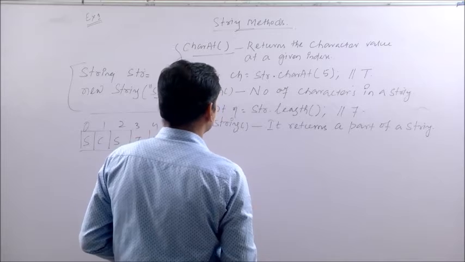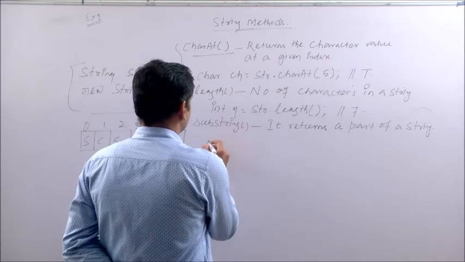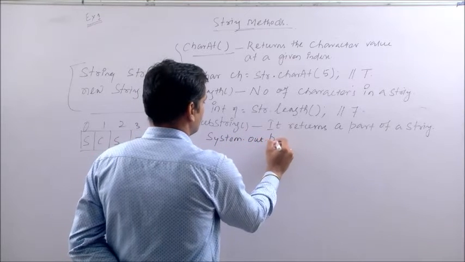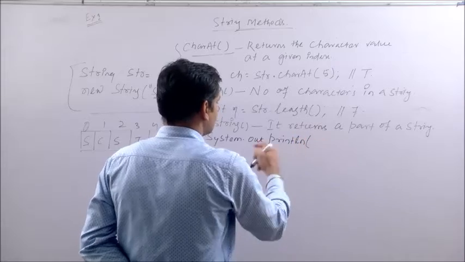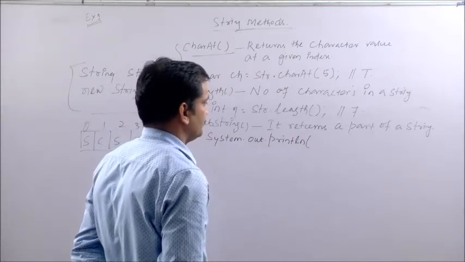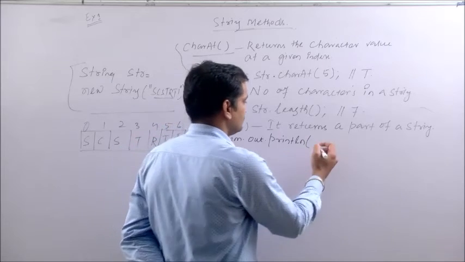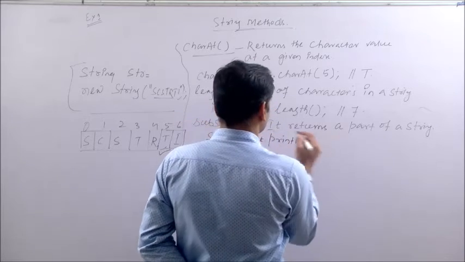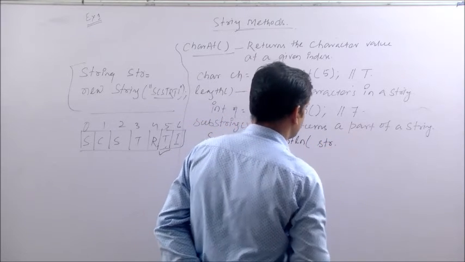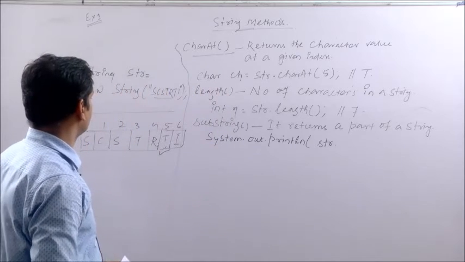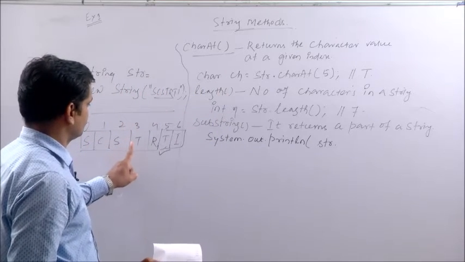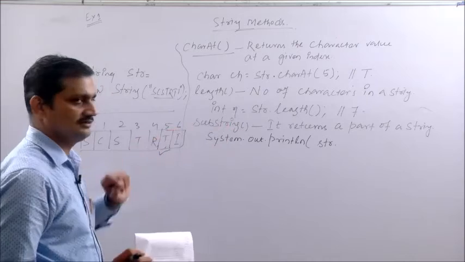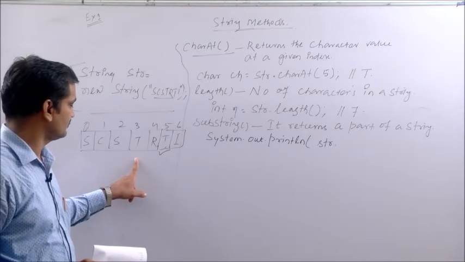For example, if we write system.out.println, if this statement is part of any program, then this is going to give you the result. That is, I want to display from the string str all the characters starting from index 3 till the end.